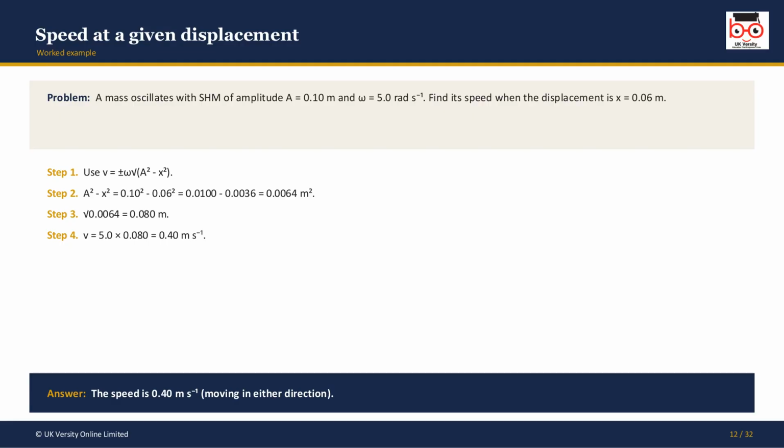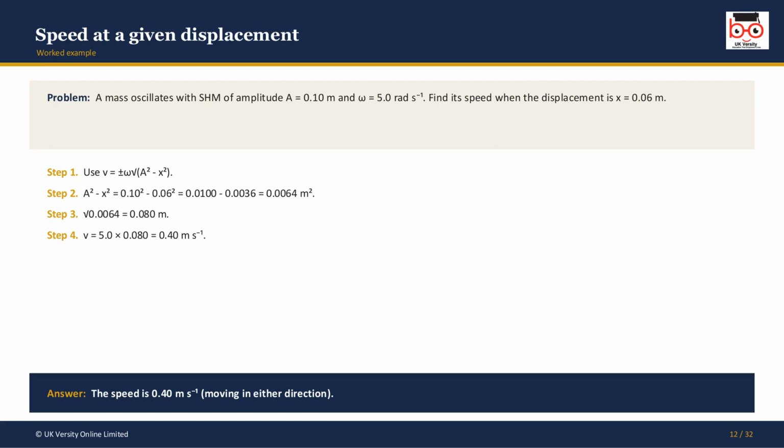Let's use it. A mass oscillates with amplitude 0.10 meters and angular frequency 5.0 radians per second, and we want its speed when the displacement is 0.06 meters. Start with V equals plus or minus omega times the square root of amplitude squared minus displacement squared.